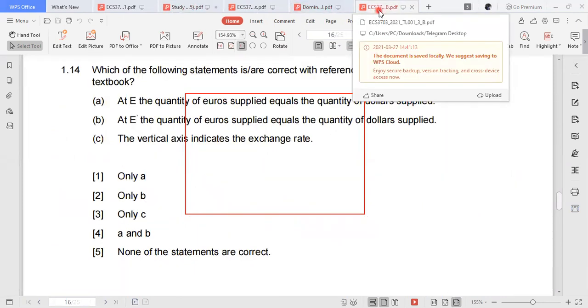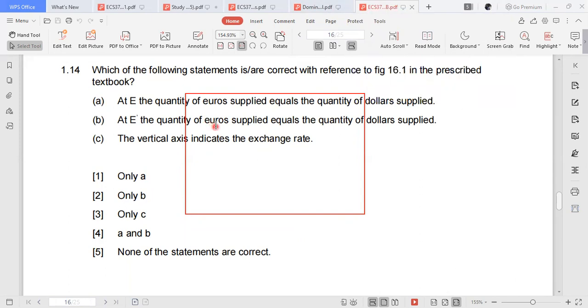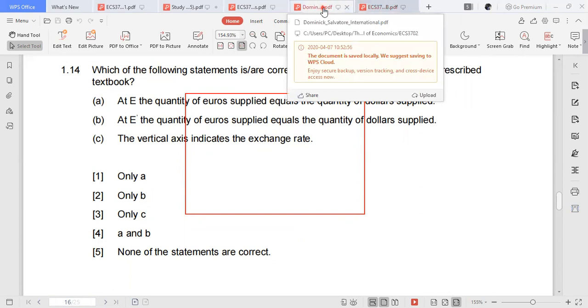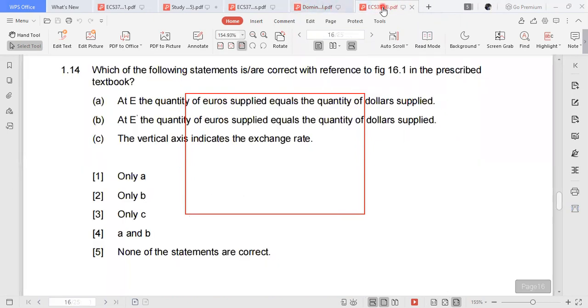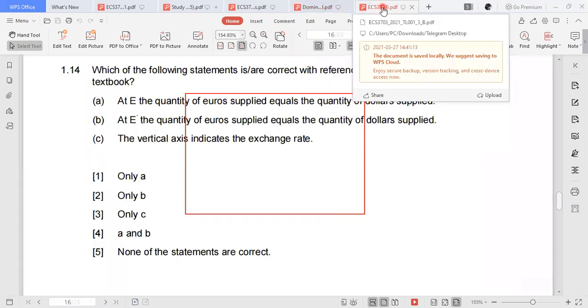At E prime, the quantity of euros supplied equals the quantity of dollars supplied. Where is E prime? This one. The quantity of dollars supplied equals the quantity of euros supplied. That's what it is saying.